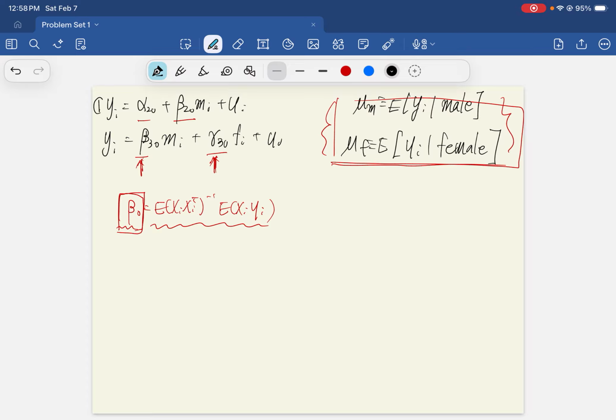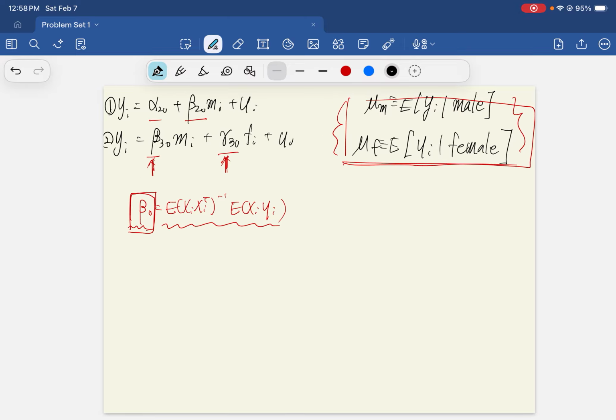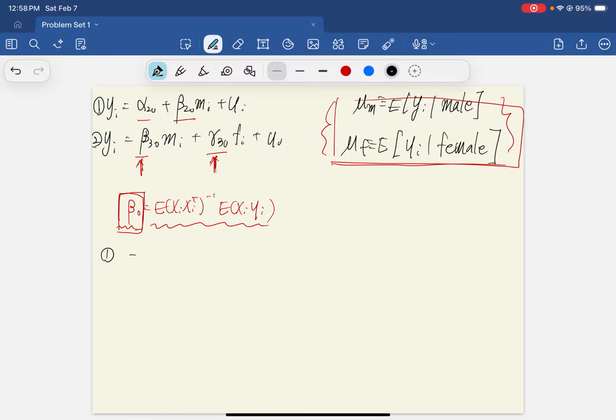So let's think about the first case. In the first case, I will calculate the expectation of y_i given male, which is mu m.